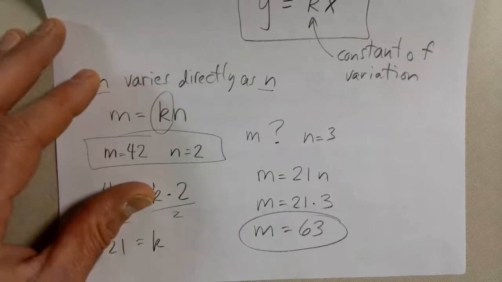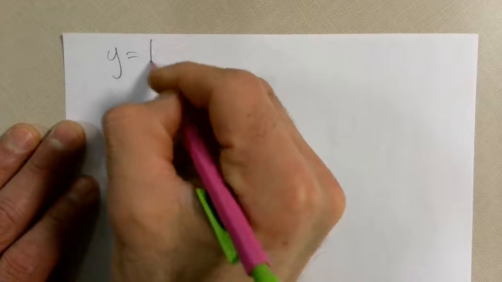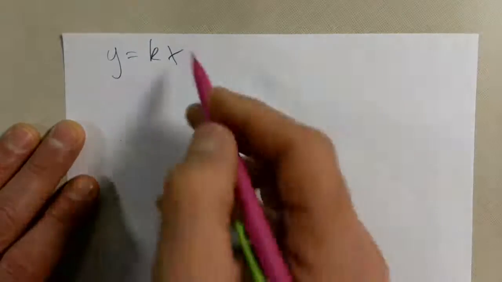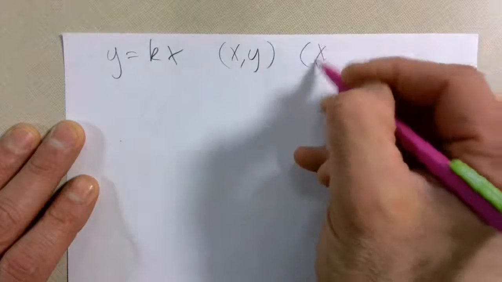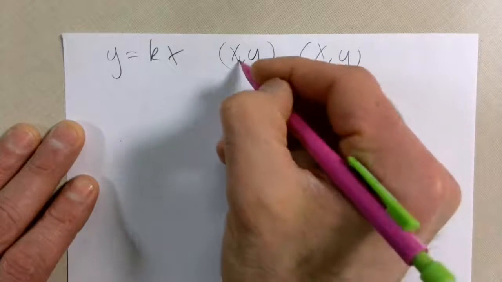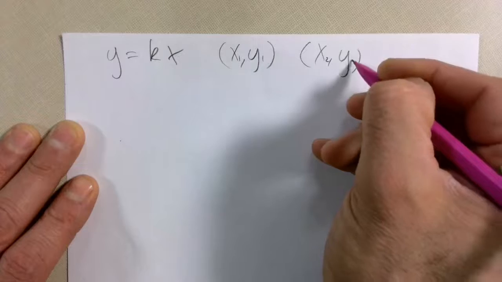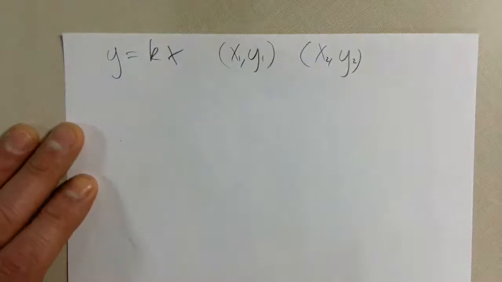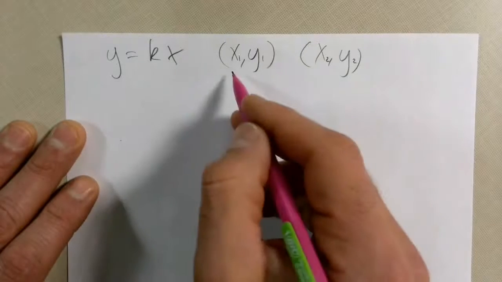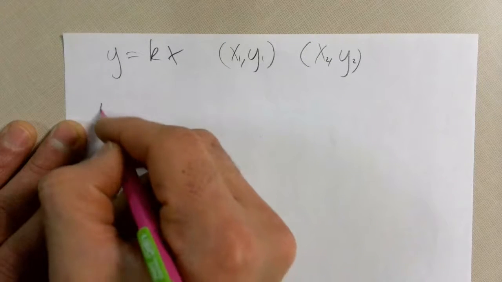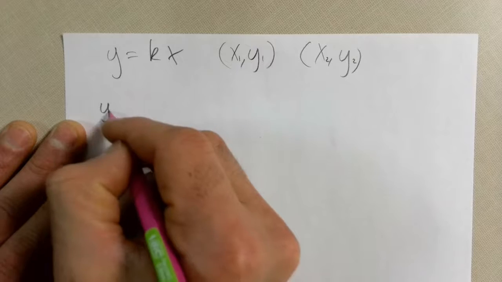Now, we're going to do it again, but from another angle. Think about it like this. You know how Y varies directly as X. Now, X's and Y's come in ordered pairs, right? So suppose I got X1 and Y1, X2 and Y2. Now, you know that if I plugged in this X and the Y like this, then Y1 is equal to K times X1.